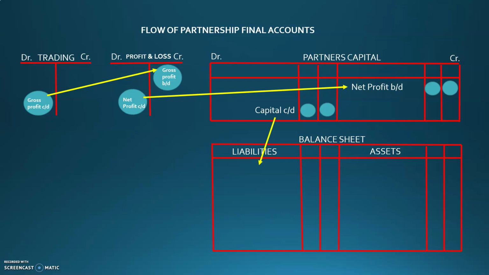So this particular flow will be followed at the end of every solution. It will be a little different if instead of profit you will be getting a loss answer. That we will understand as and when it creeps up into different questions.